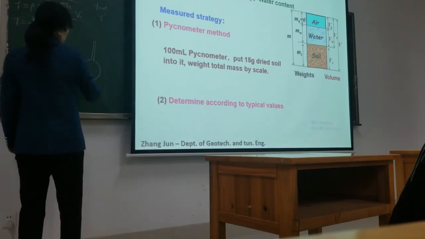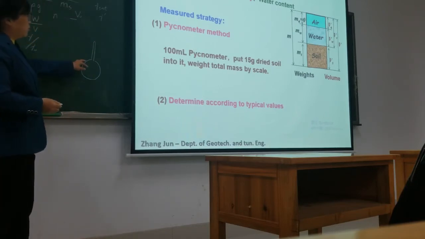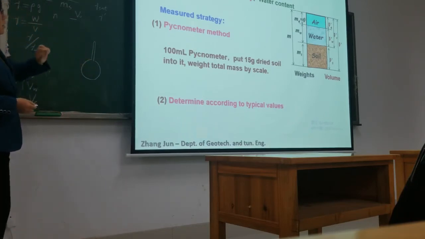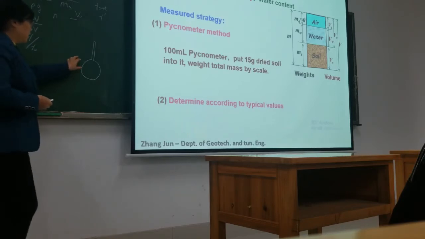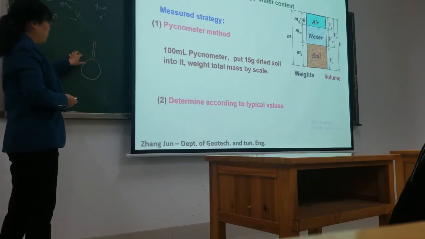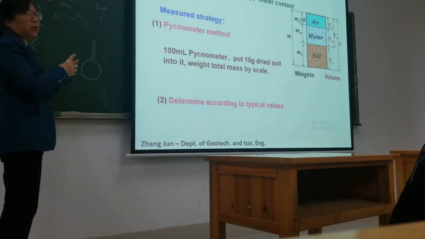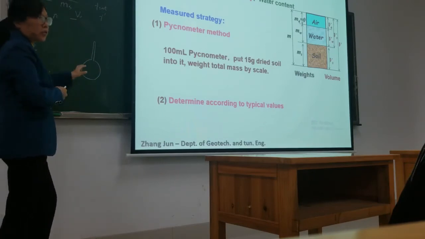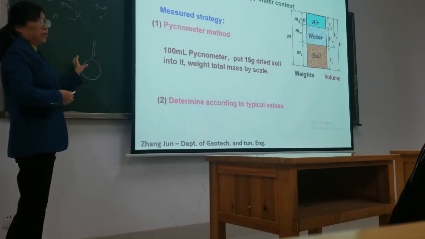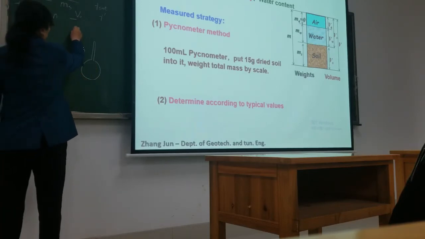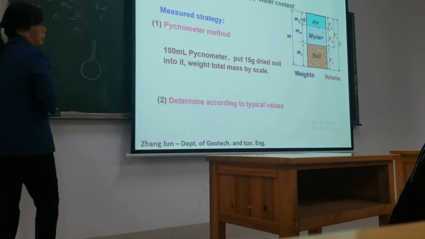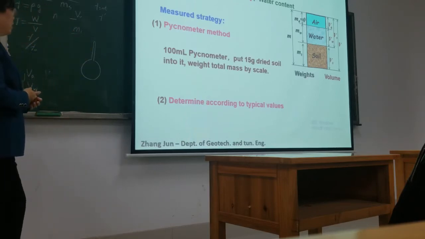So when we measure the solid density, we take the bottle filled with boiled water, and we measure the mass here, mass 1.